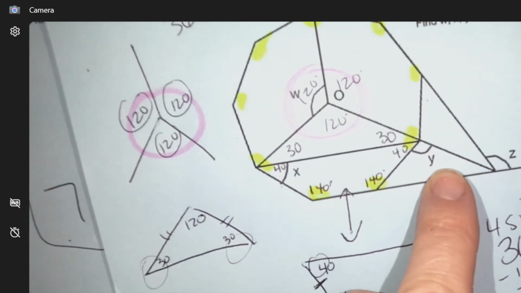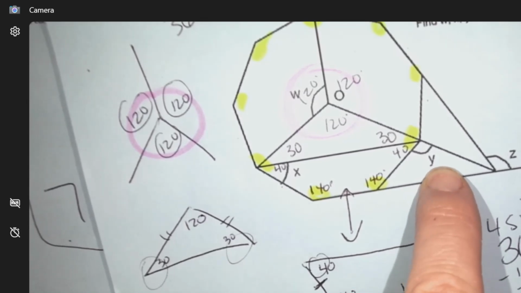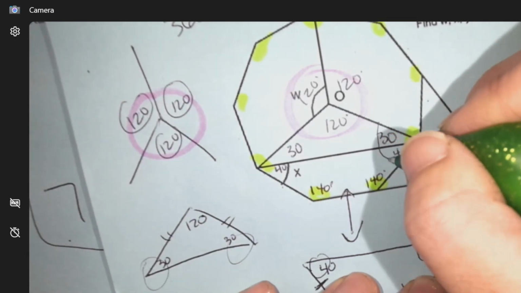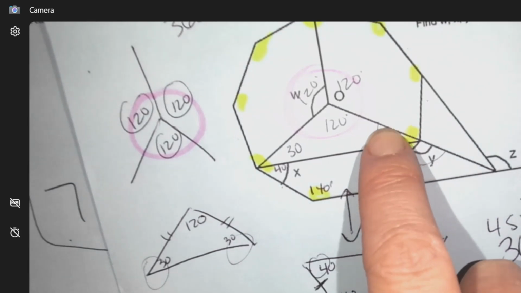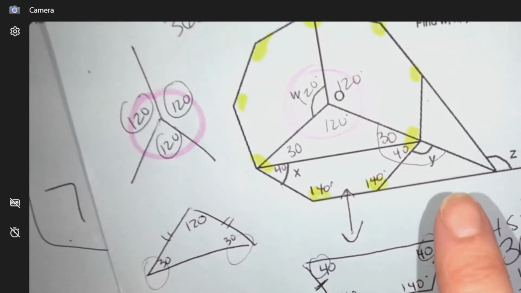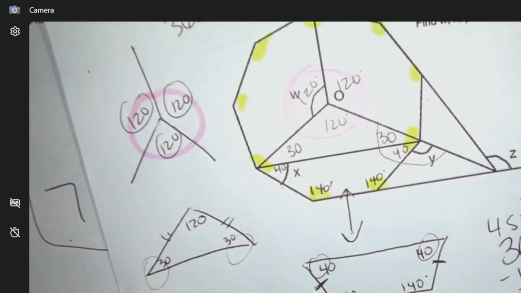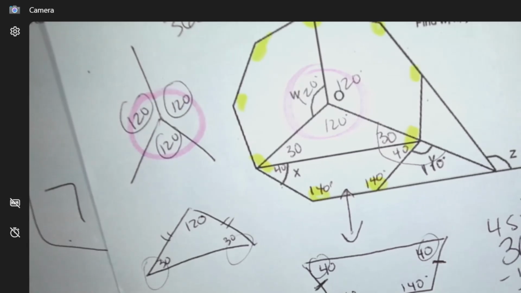Okay, angle Y. What do you do to get angle Y? Do you see this? All 3 of those pieces right here will make a line, so 180. So then this is 110.